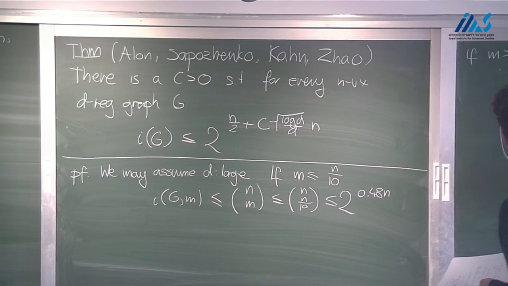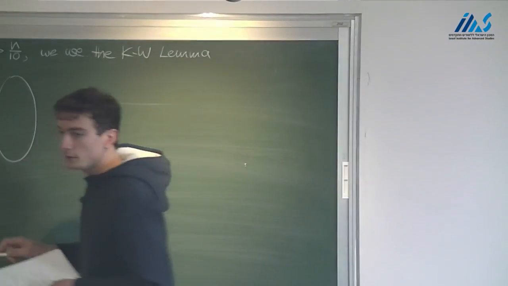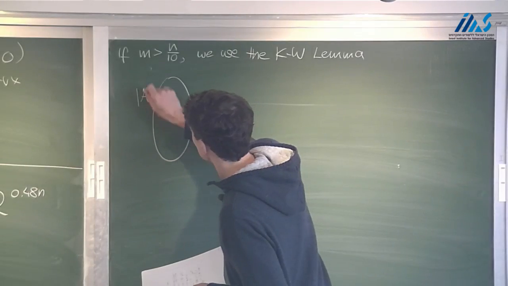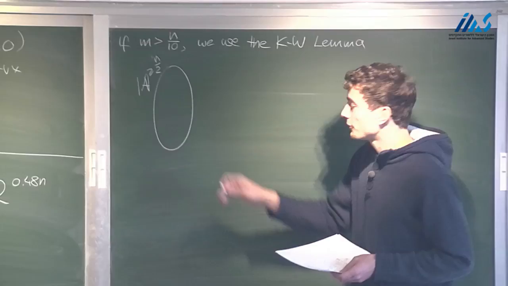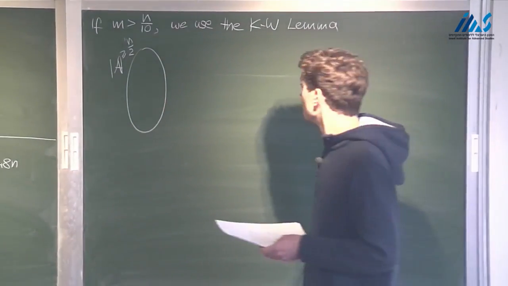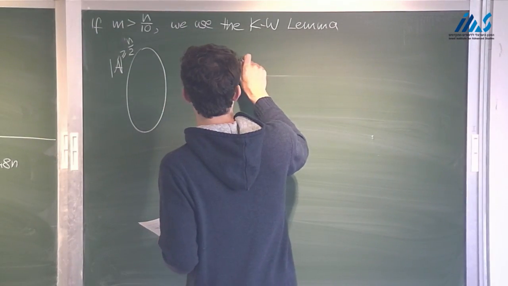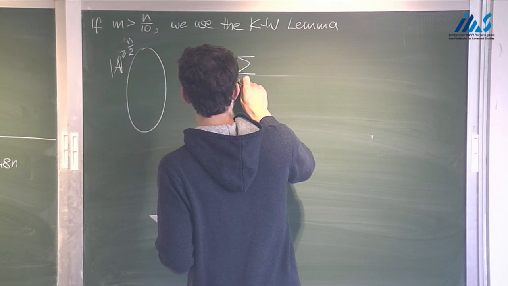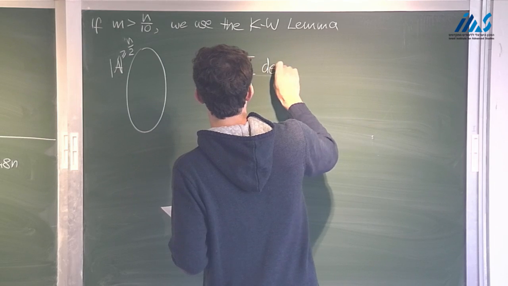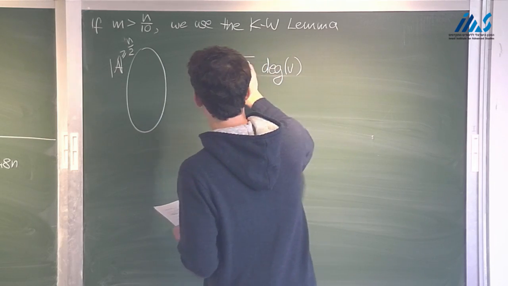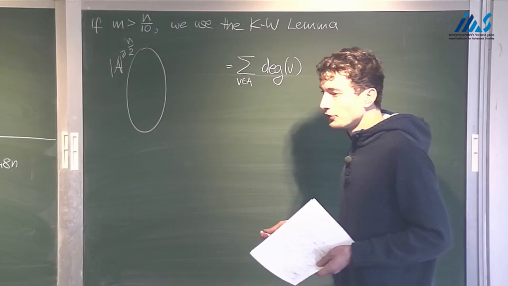So let's take any set A here, and we think that A is of size greater than n over 2, and let's compute the degree sum in this set A. So if we compute the degree sum, so sum over all v in A of the degree of v, since the graph is regular, then this is just d times A.